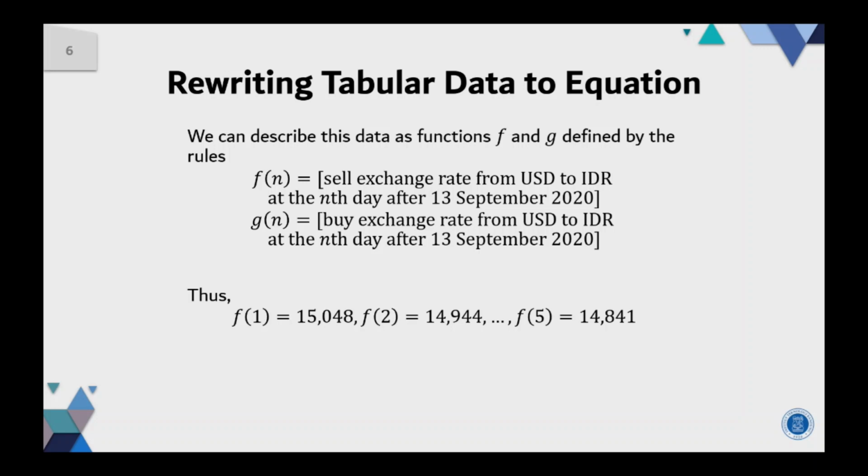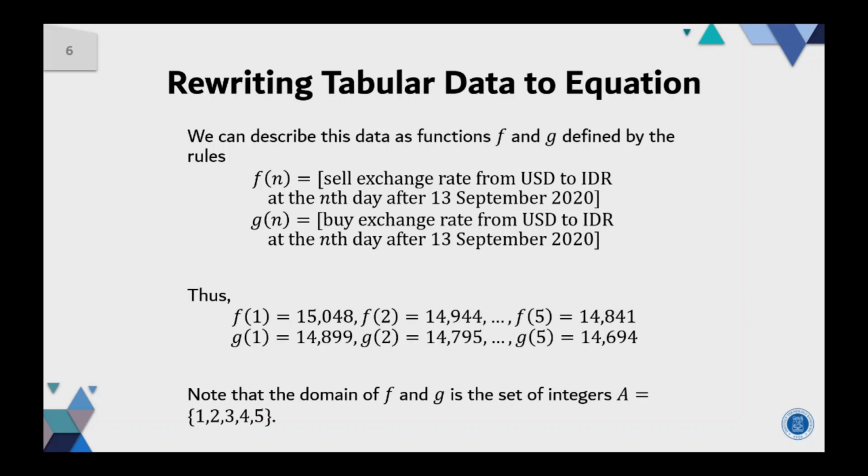You can match all these values of a function with the tabular data that we have before, and we also have the second function. And of course, in here the domain of f and g is the set of 1, 2, 3, 4, 5, because we only have 5 values in the tabular data.